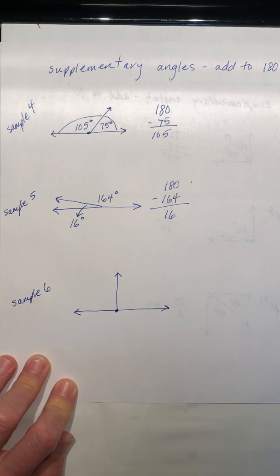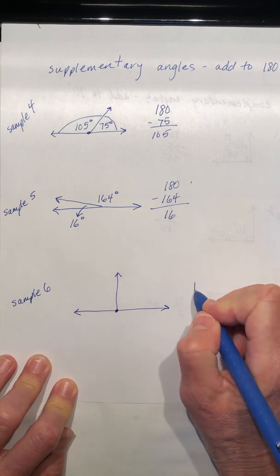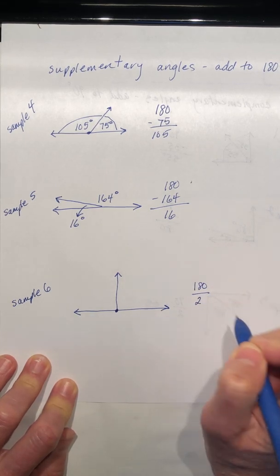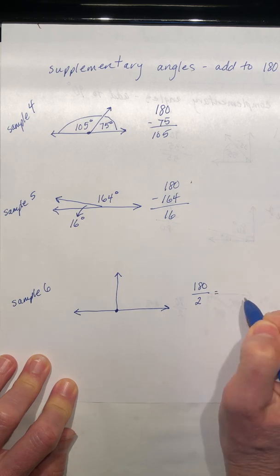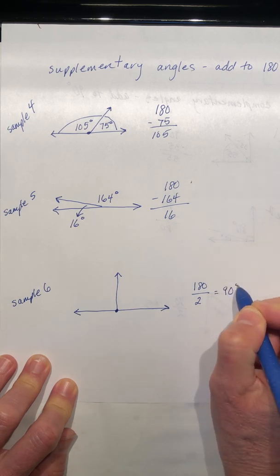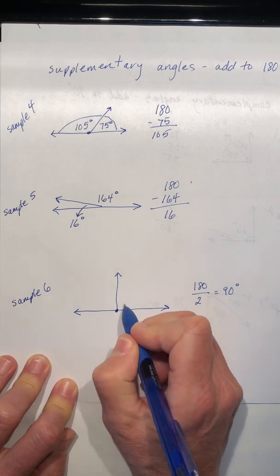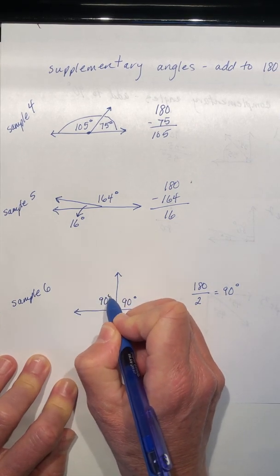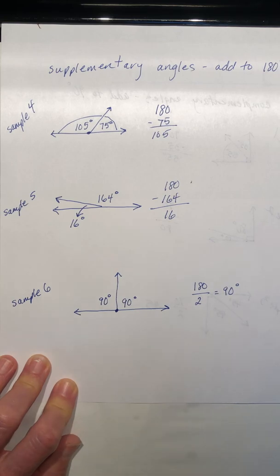We can figure this out just like we did with the two complementary angles that were congruent. We can take the total of 180 degrees, we can divide it by 2, and therefore we learn that each angle must be 90 degrees. So this one is 90 degrees, and this one is 90 degrees.